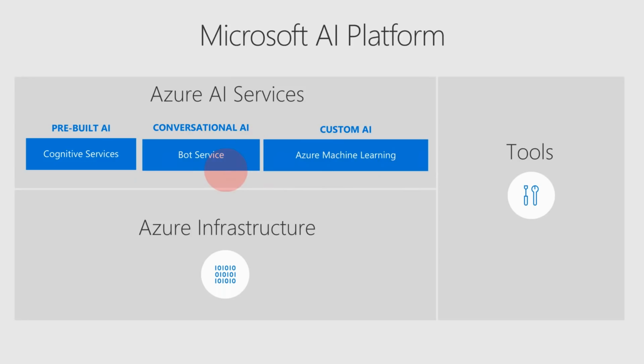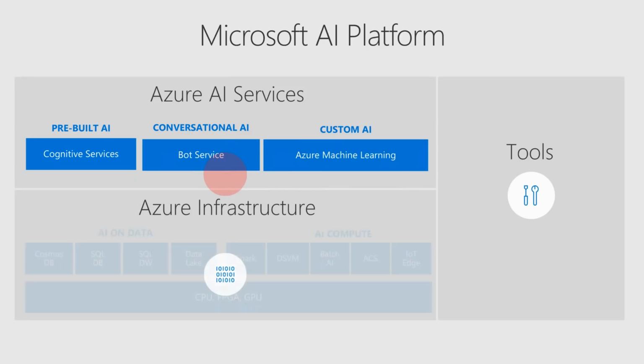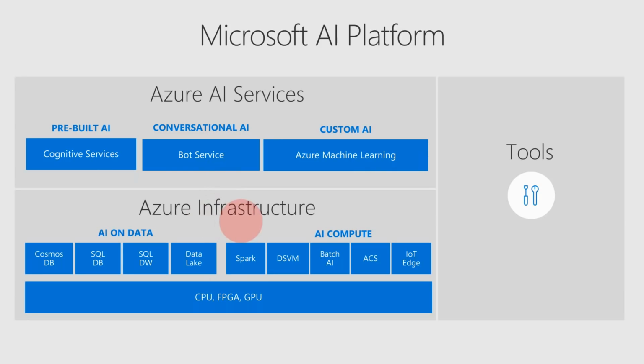Okay, going forward. Azure Infrastructure. And this area has been traditionally referred to as the data area. So you see the data solutions on the left, and we have Cosmos DB, SQL DB, SQL DW, Data Lake. And then on the right side, some of the exciting technologies now in Spark, the data science virtual machine, Batch AI, IoT Edge. And I heard a new phrase this week.